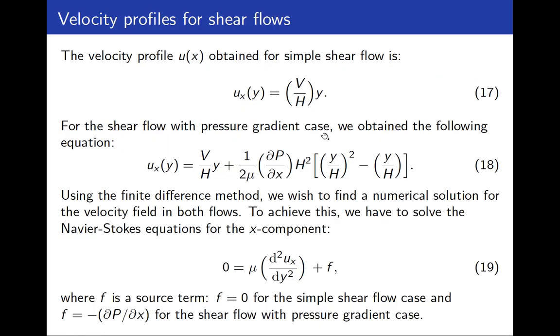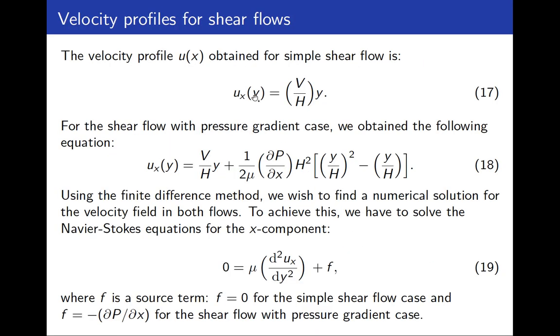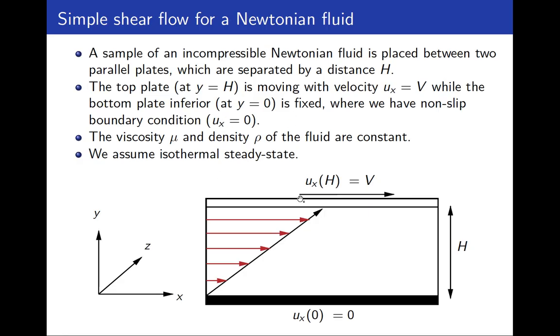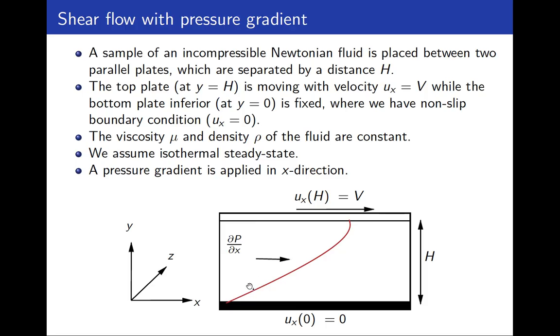From my previous videos, we solved the Navier-Stokes equations for these two flows. For simple shear flow, the one here, we obtain this analytical solution for the velocity profile, which depends on the velocity at the top plate. It also depends on the distance between the two plates, and on the y coordinate, because the velocity depends on this direction.